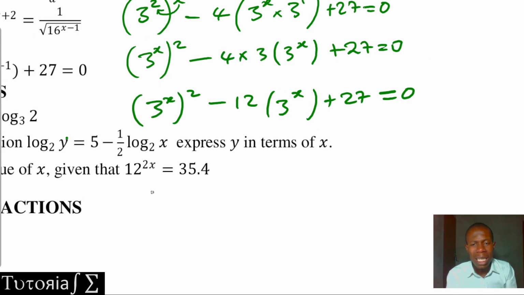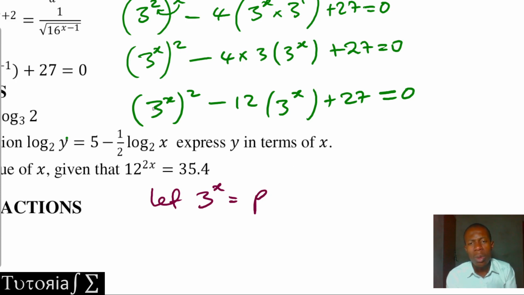So you now let 3 to the power x be equal to any letter of your choice. Let me use maybe J, or P. Okay, let me use P. But it can be any letter of your choice.